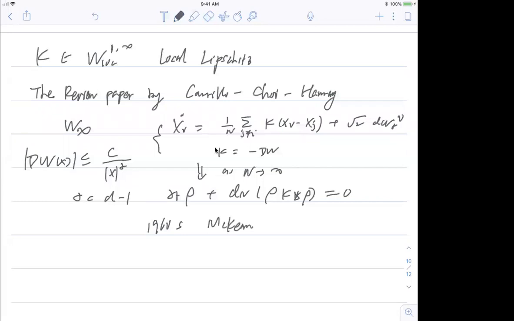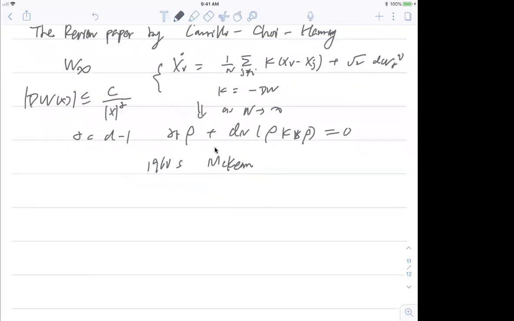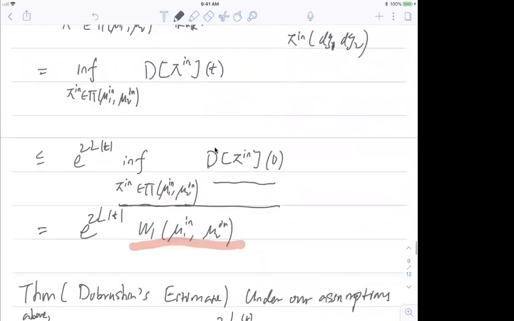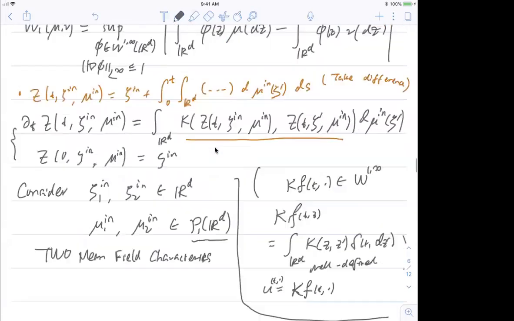In the stochastic setting, the very famous method is called the coupling method, if you assume K is Lipschitz and bounded. Basically the argument looks very familiar with the previous calculation I did today.